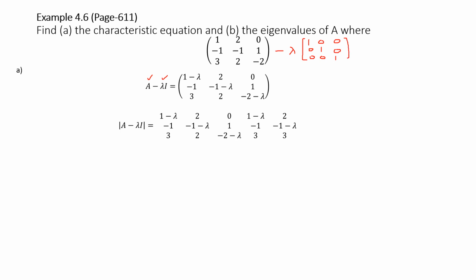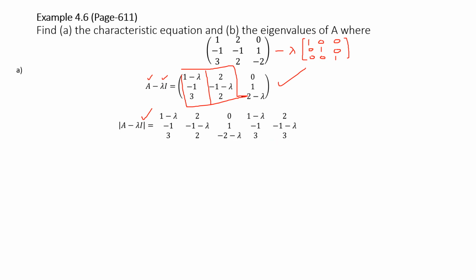So I think it's clear. Now we are going for the determinant, so we will repeat the first two columns here, and then the solution.